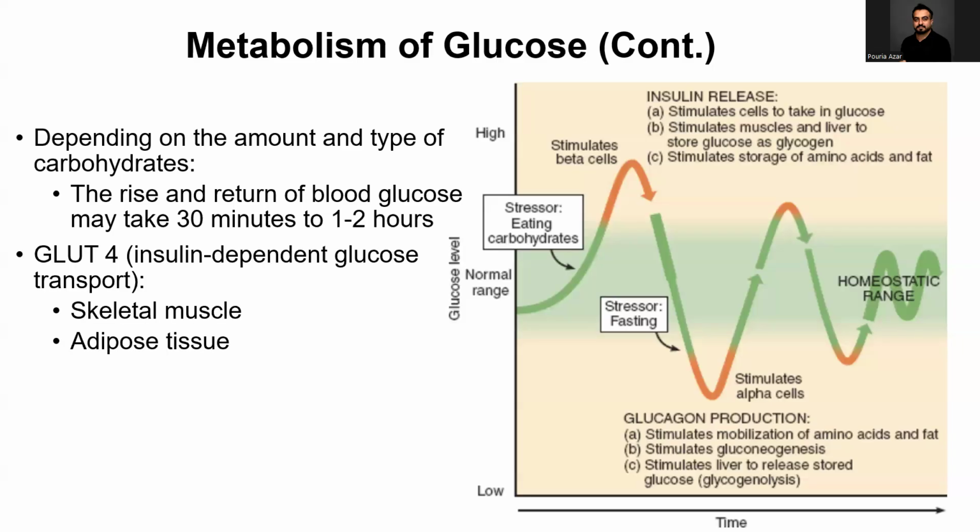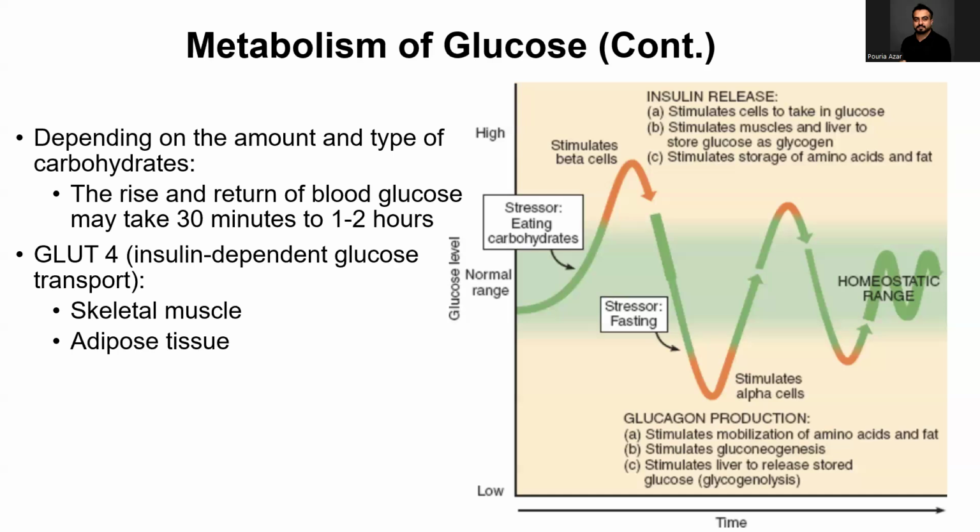We have GLUT4. For glucose, there are different carriers and vehicles, I would say. These are the carriers that glucose uses to travel from outside of the cell to the inside of the cell. So we have GLUT4.